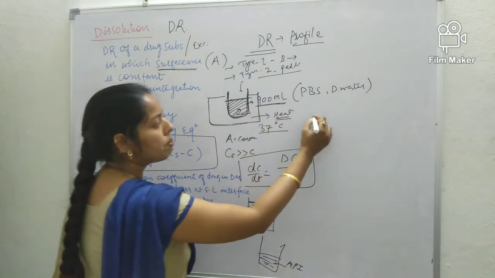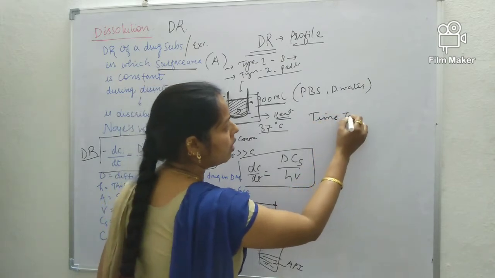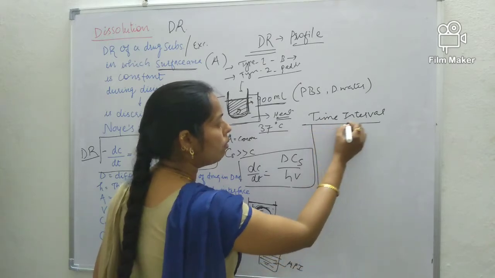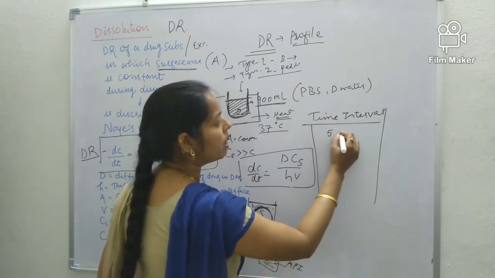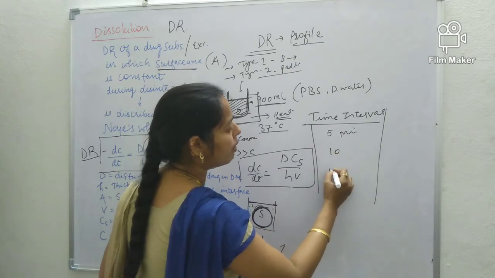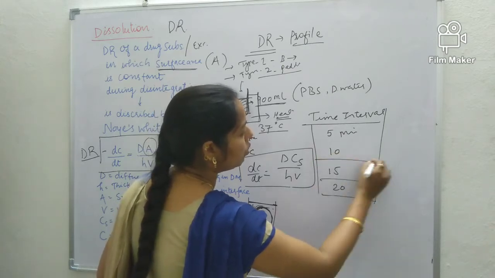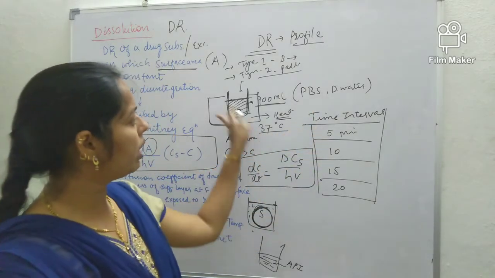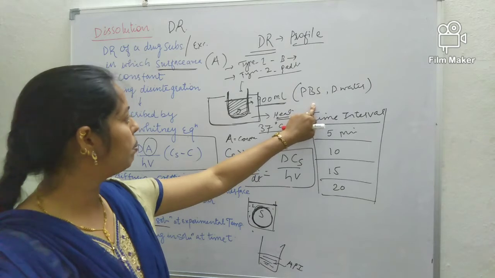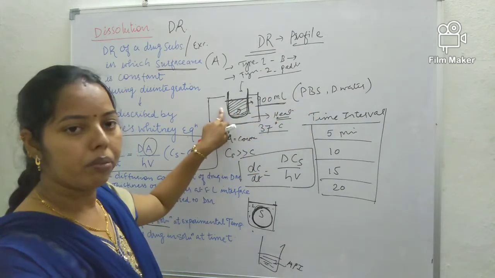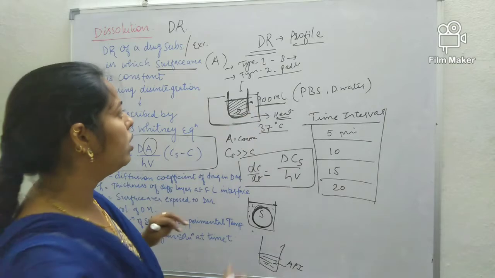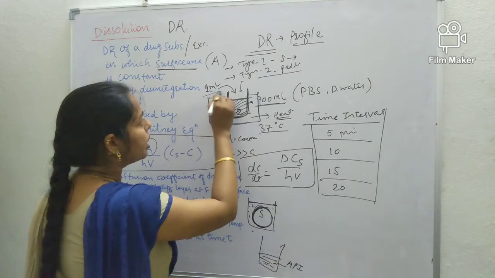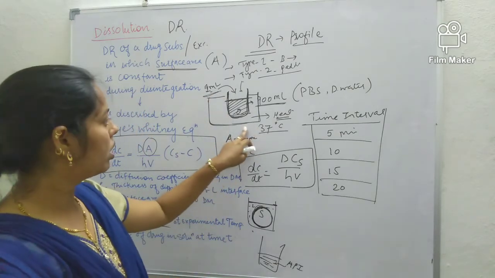Then after specified time intervals, we withdraw samples. For example, if the time intervals are 5 minutes, 10 minutes, 15 minutes and 20 minutes. At each interval, we withdraw 1 ml as a sample from the dissolution flask and we replace this 1 ml with fresh medium to maintain the sink condition.